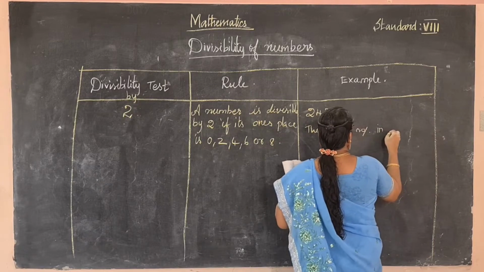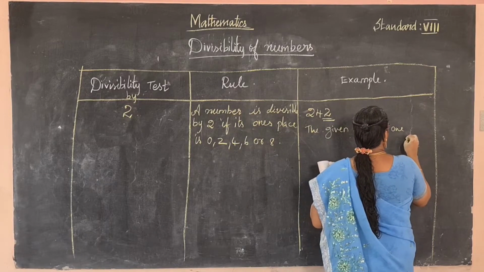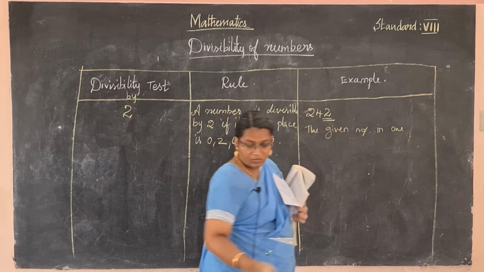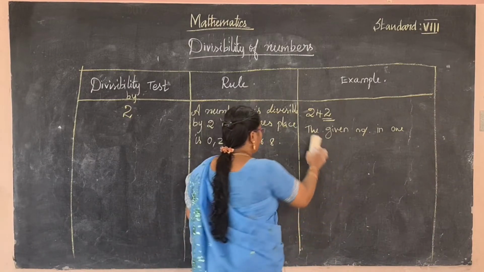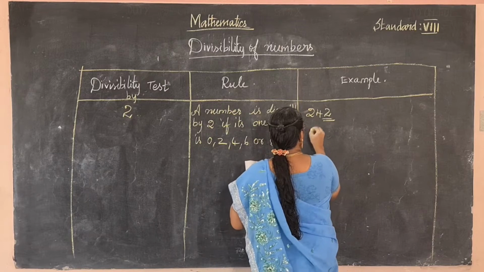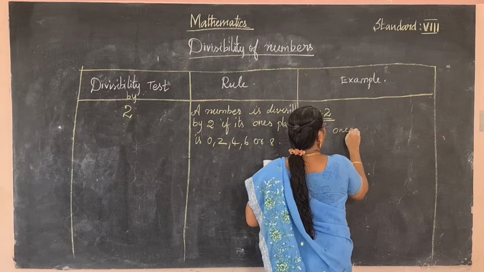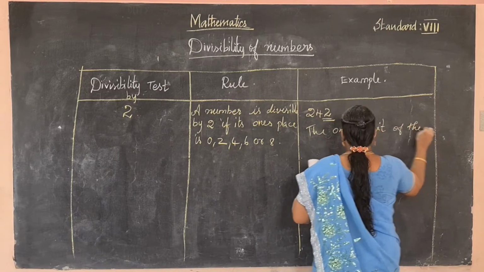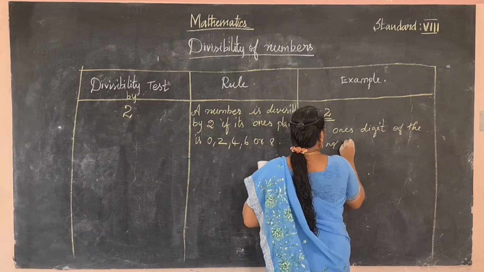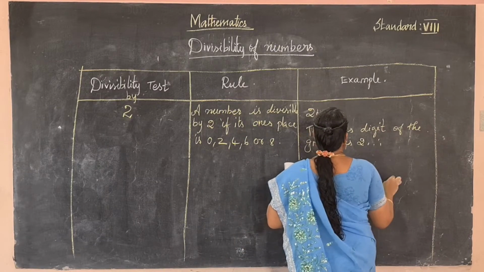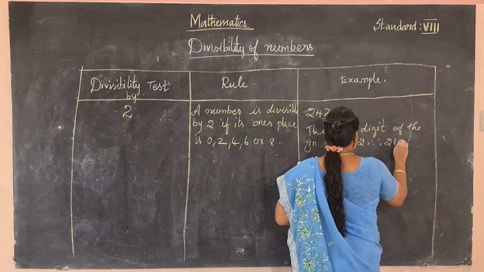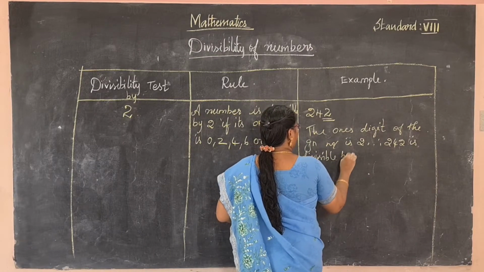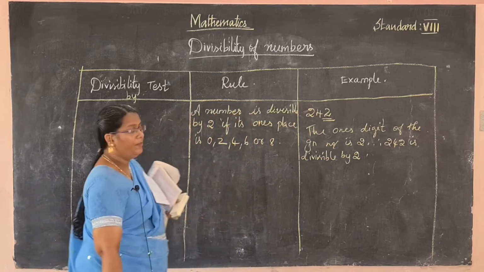The ones digit of the given number is 2. Therefore 242 is divisible by 2.